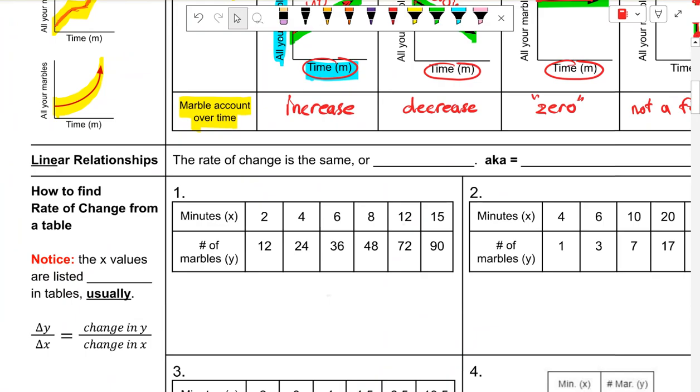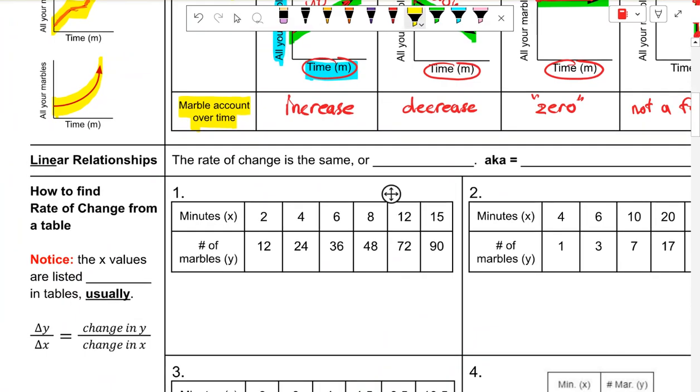This next section right here says a very crafty word. It says linear, and the word line is underlined very specifically because lines in geometry or math are perfectly straight. And so we see that the rate of change is the same, or also known as equivalent.